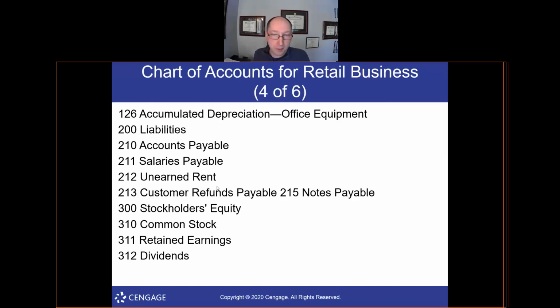Customer refunds payable is when a customer buys a pair of jeans from you, goes home, tries them on, they don't fit, they come back, and you issue them a refund. That refund is considered a liability, so it goes into customer refunds payable. Then eventually you pay the customer back.